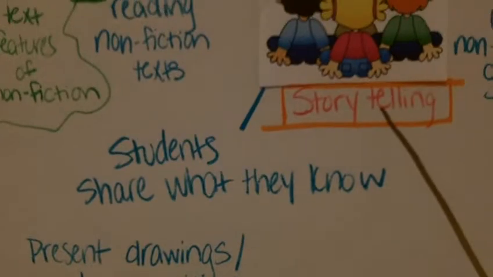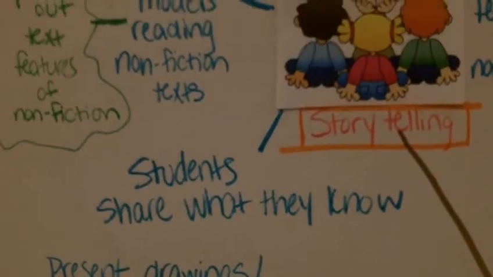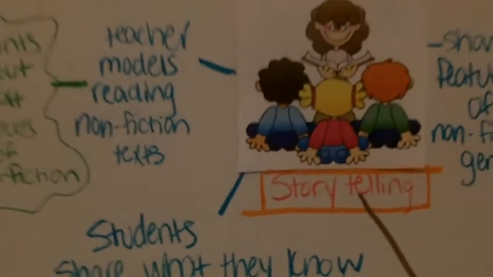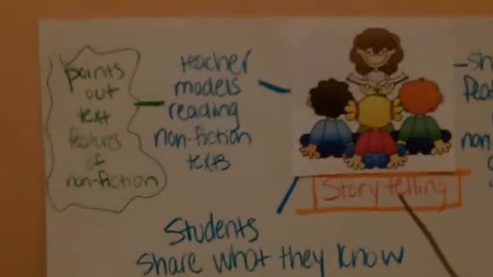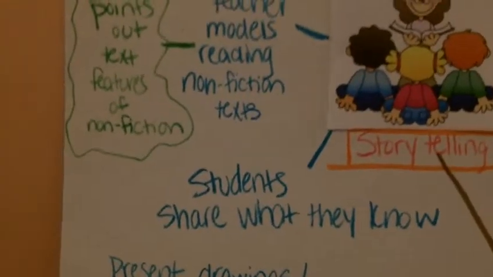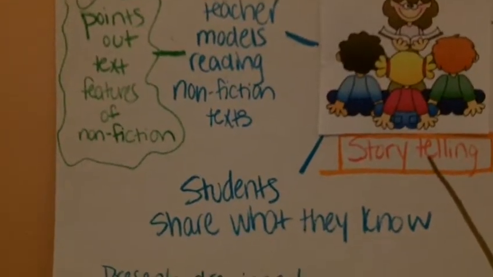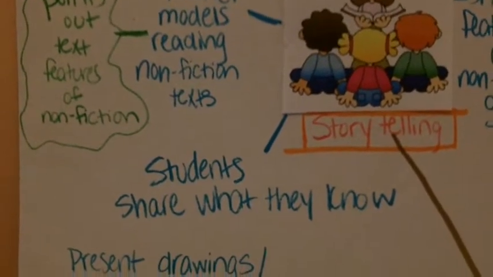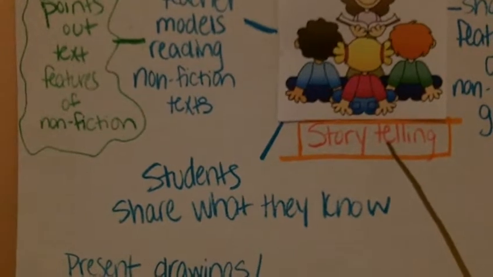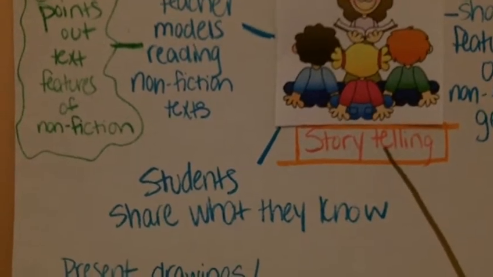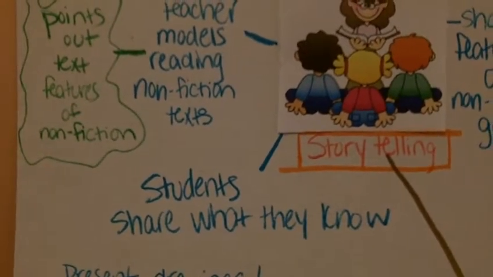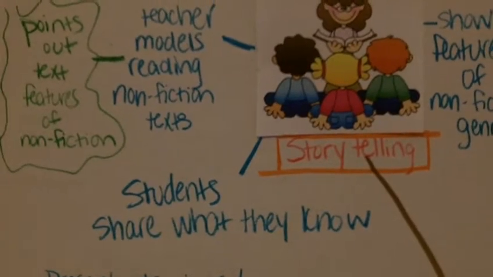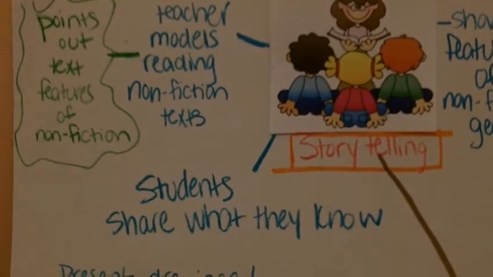Another aspect of this lesson will be storytelling. And there are different reasons why storytelling is so important with young children. It allows students to talk about what they know, and it honors who they are and shows that we value their thoughts. Through sharing and storytelling, students get to know each other, and storytelling helps to acknowledge that verbal communication is an essential part of writing.